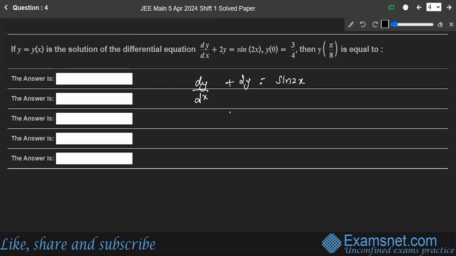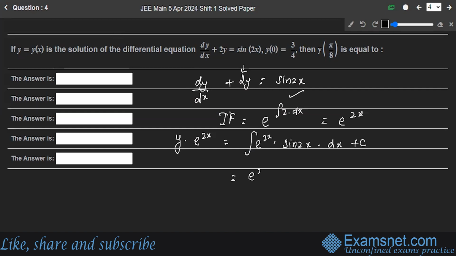Here, the integrating factor is given by e raised to power integral of 2 dx, which gives you e^(2x). So now the equation will be y into the integrating factor is equal to integral of integrating factor into this function of x dx plus c.